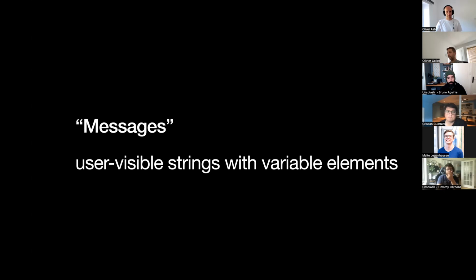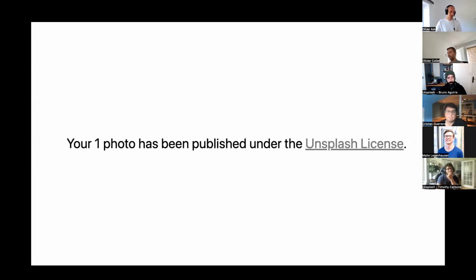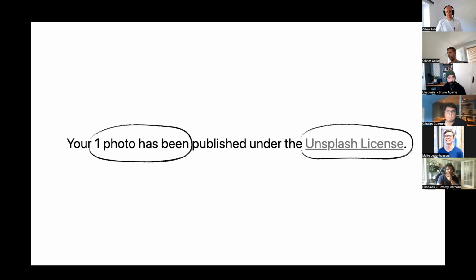An example would be something like this, where we say your one photo has been published under the Unsplash license. We have a variable here, which is the number of photos. And we have another variable, which is the link, because the translator only cares about the text inside the link, and the things around the link are like a variable.